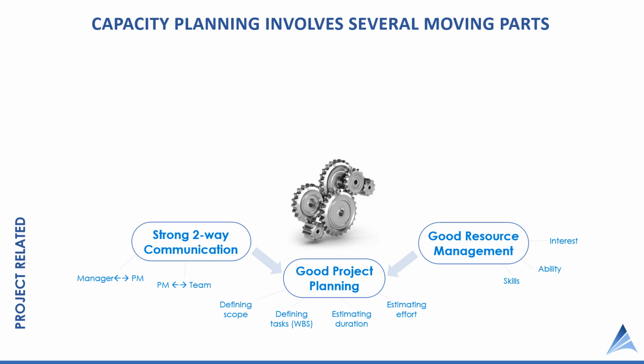Even after that's done, there's the need to estimate the duration of those tasks and even estimate how much effort is needed for those tasks. That's the heart at the project level of resource capacity planning. And then after that, there's of course strong communication that needs to take place within the project team and with the resource managers. And good resource management would include a person's interest, their ability, and their skill set to ensure that they can support the project appropriately.